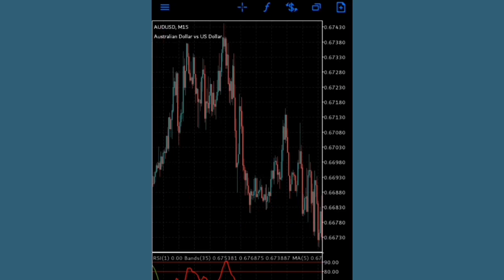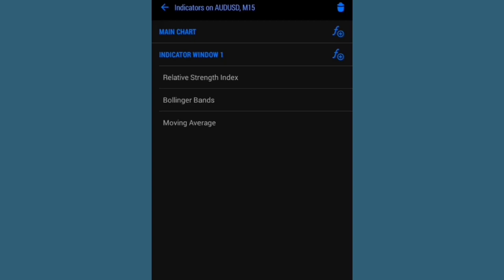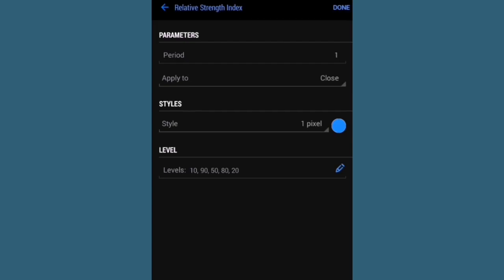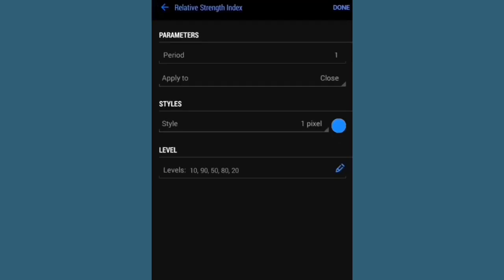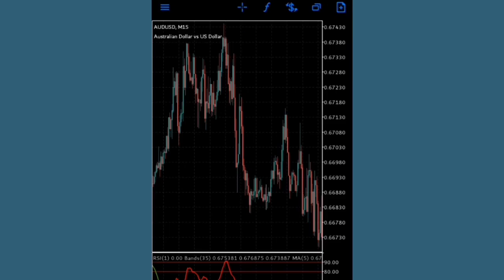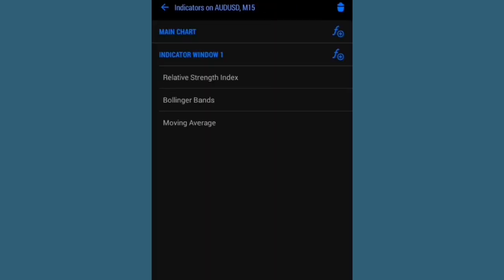For the strategy settings, you start by inserting the relative strength index on the main chart. The relative strength index, period 1 applied to close, and you have these levels 10, 90, 50, 80 and 20. Then you click done and come back to your indicators again.